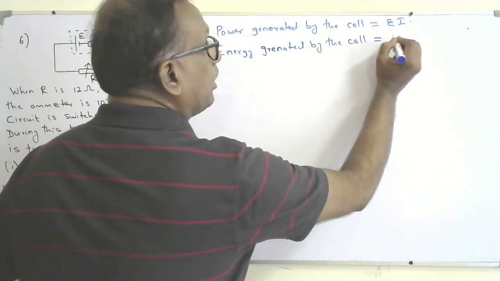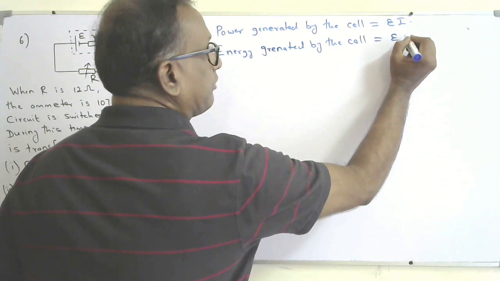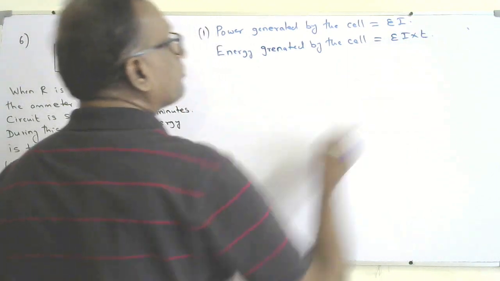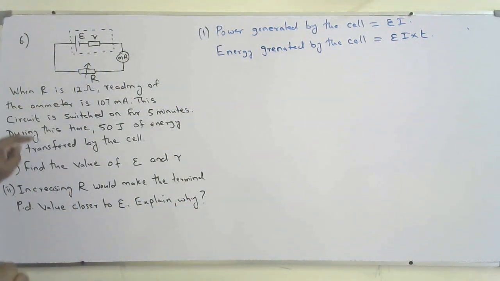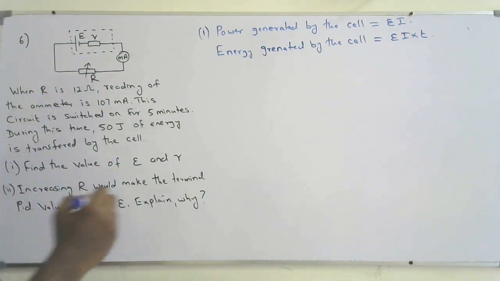It is equal to power into time, that is EMF I into t. So this total energy is given as 50 joules and I know the current.